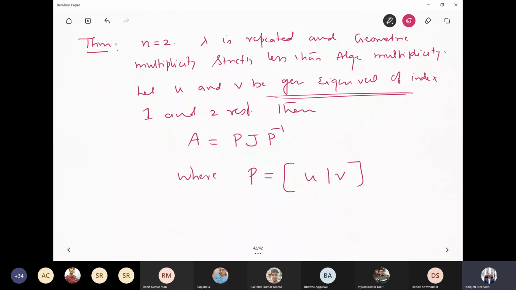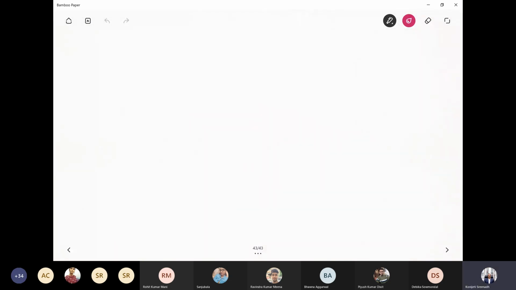Since I am taking n equals to 2, most of these proofs are, of course, even for general n, you can write down the same thing. None of these steps are difficult to write for general n. But the only thing is that in general n, some eigenvalues are repeated and some are not repeated.